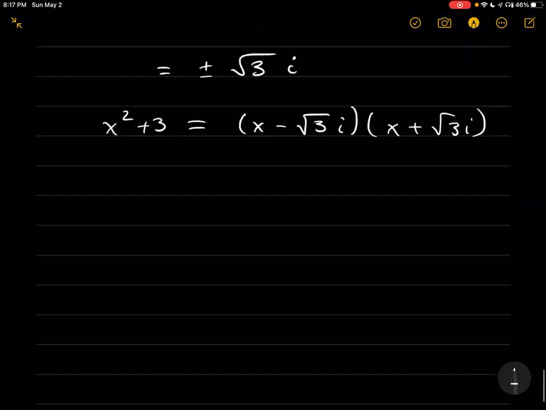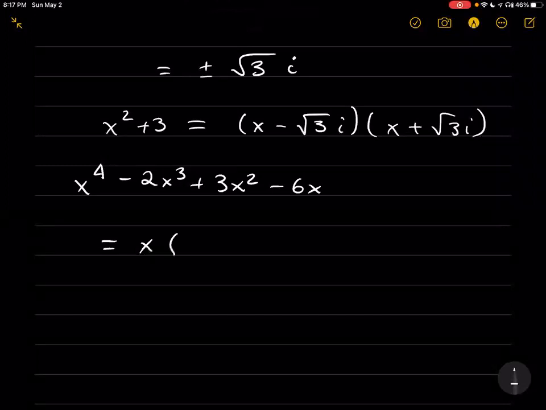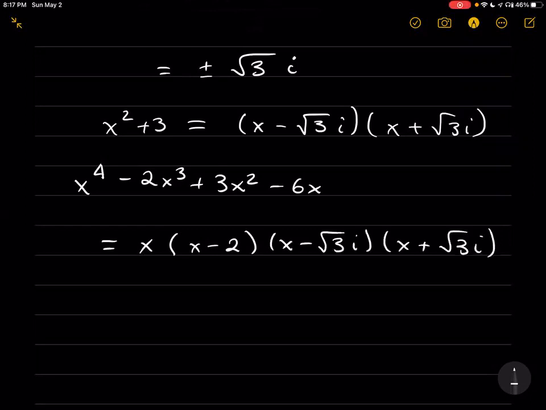So now if we pull all of this together, the thing we started with, x to the 4th minus 2x cubed plus 3x squared minus 6x, we can write as x, that came from our first move, times x minus 2, that came from using the rational roots theorem and dividing, and then using what we just found, we can write that quadratic like this. Cool. And that is a complete factorization of that polynomial.